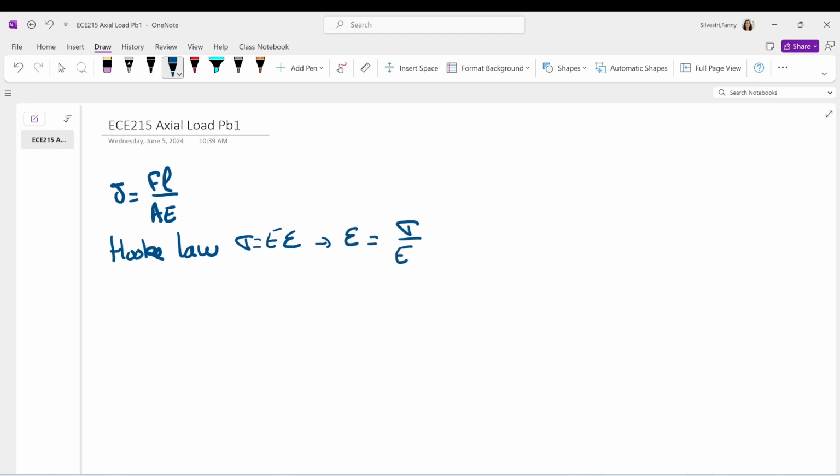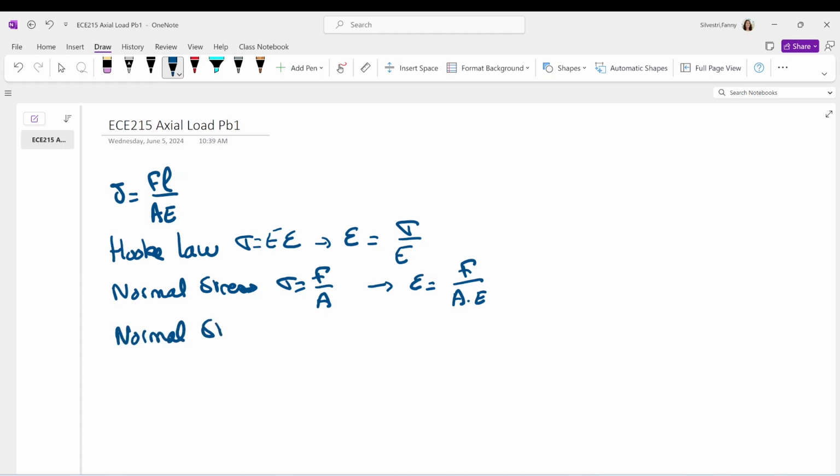We know the normal stress is sigma equals F divided by A. So if we plug sigma equals F divided by A, we can write that epsilon equals F divided by A times E. And we also know that the little epsilon, the normal strain, equals delta L divided by the initial L, let's say L naught.